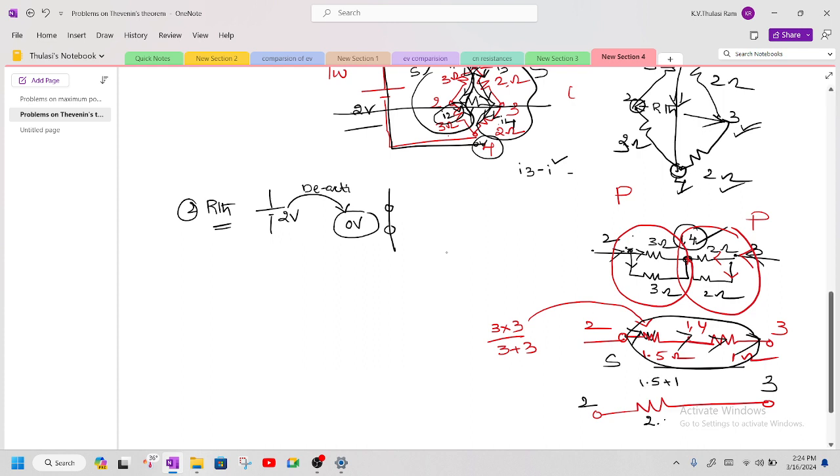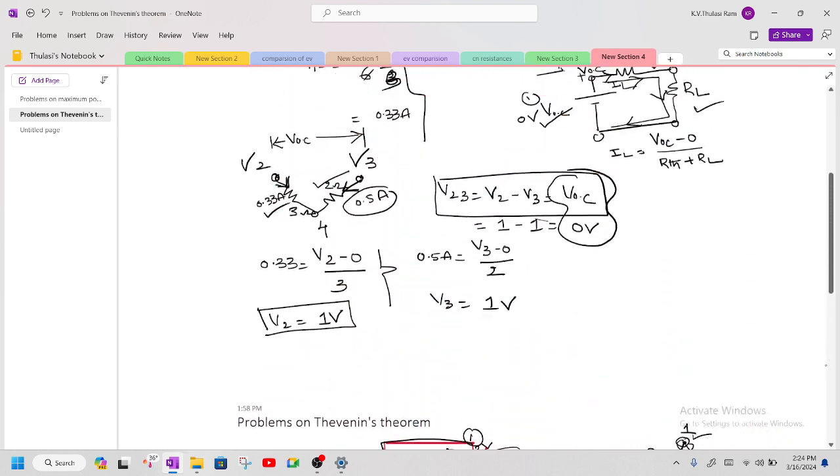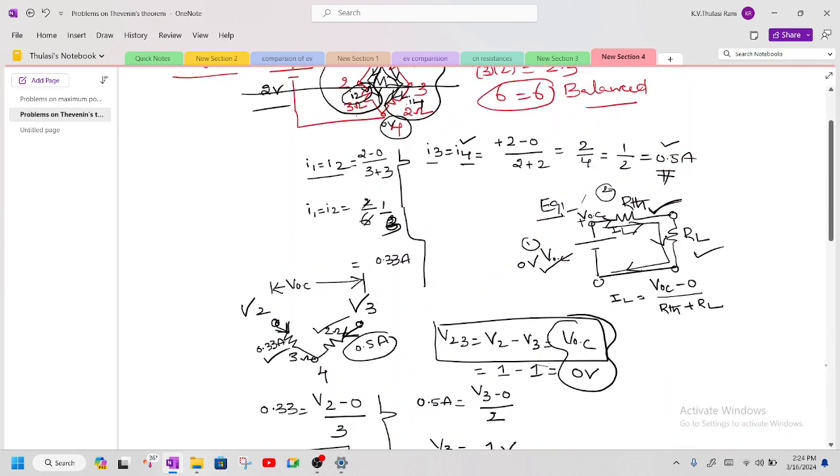So we're going to get this as 2.5 ohms. So therefore when you see this problem, you have got this open circuit voltage as 0 volts, and you have obtained this Thevenin as 2.5 ohms.